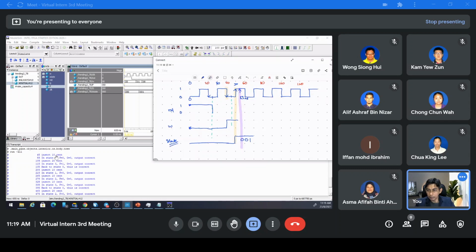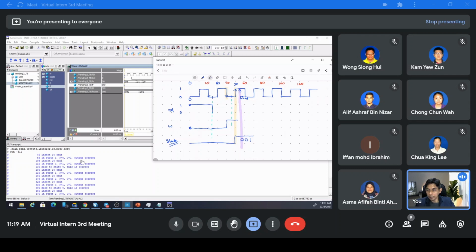And at 55, exactly here, we are in state 1, and the output is F equal to 0, G equal to 0.